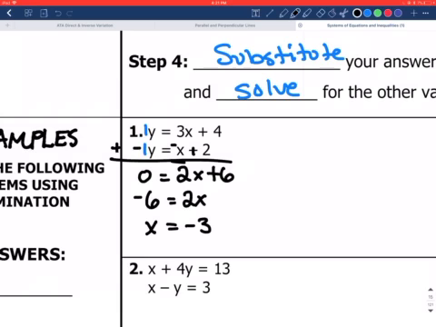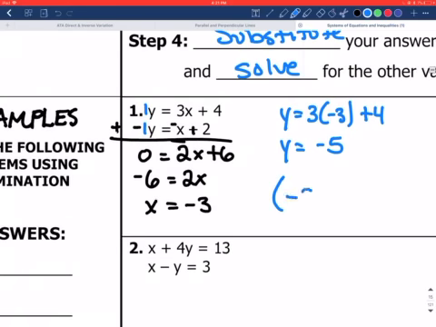Now we have x equals negative 3, and we take that and plug it back into the original equation. So we'll do y equals 3 times a negative 3 plus 4. That'll be a negative 9 plus 4, which will be a negative 5. So that is your final answer there. X is negative 3 and y is negative 5.